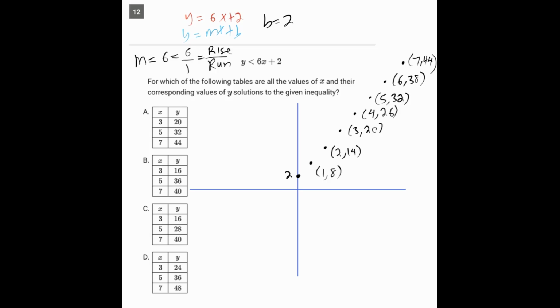Let's imagine a little line going through all of that. There we have it. And if it's less than, not less than or equal to, then we need to make sure it's a dashed line, because less than or equal to would have been a solid line.